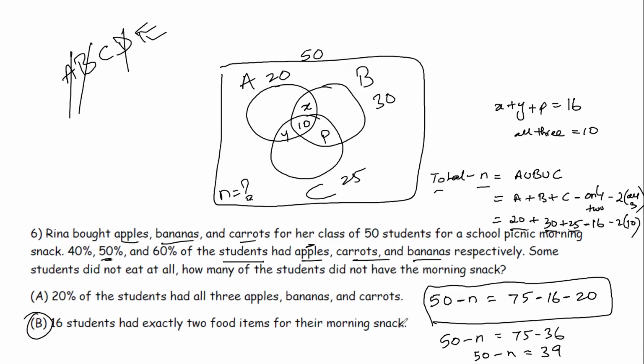Now over here, just be careful. When you have 50 minus n is equal to 39, you've got to be careful because sometimes, when you're in a rush, you work out the expression incorrectly.